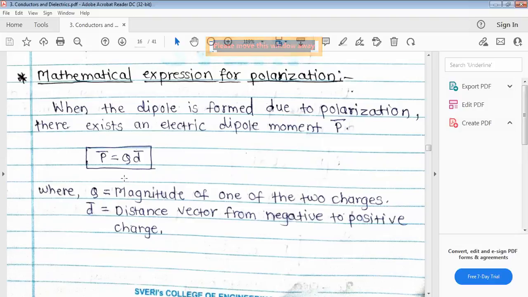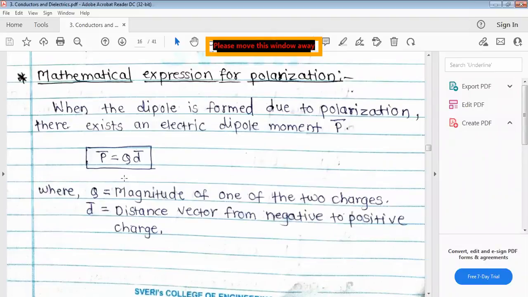Dipole means what? Remember, a dipole means two charges having the same magnitude, only separated by a small distance. How is the magnitude of both charges? It is the same.